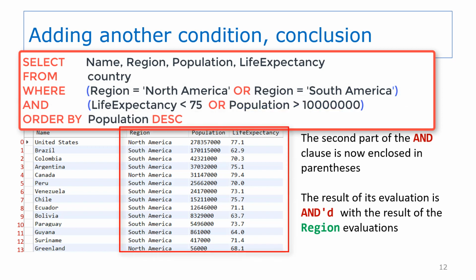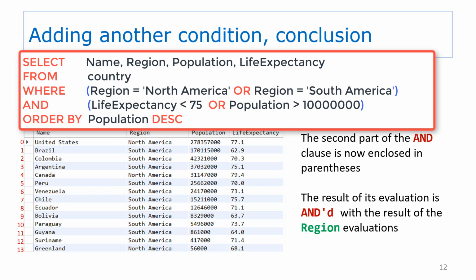We now see that in the results set on this slide, the only countries that are shown are in North America or South America. We also have countries where the life expectancy is less than 75, and we have countries where the population is over 10 million. For example, the United States at row 0 has a life expectancy of 77.1.